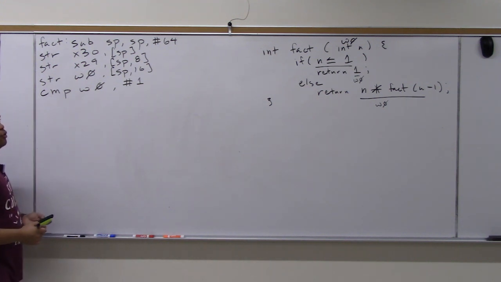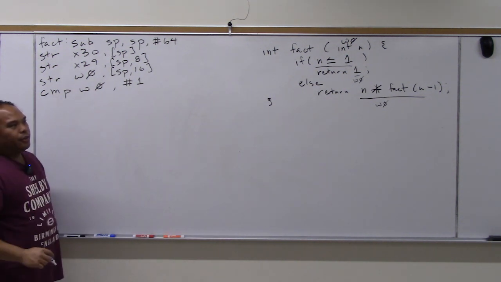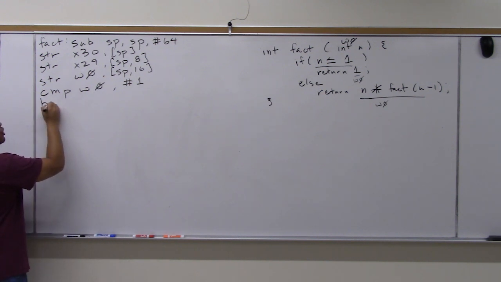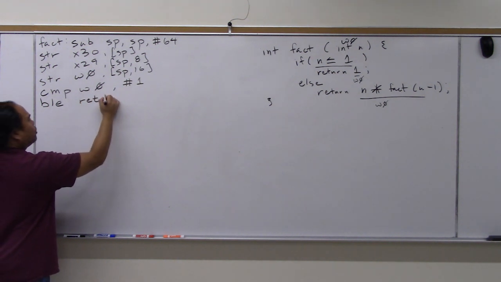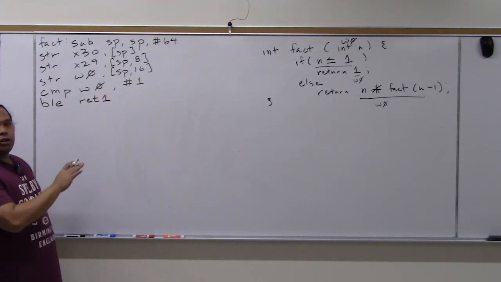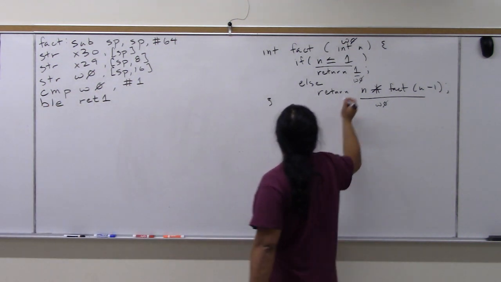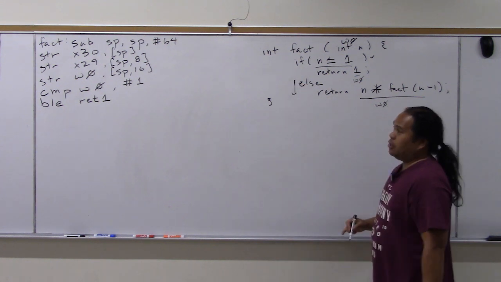Just because I'm lazy and I want to handle that return 1 at some other point. I want to handle the recursive solution first, okay? So branch if less than or equal to, we will just call this ret1, and then I'm going to code that later, okay? So that means that we're kind of done with this, and that means that the fall through slot is now the else, basically.